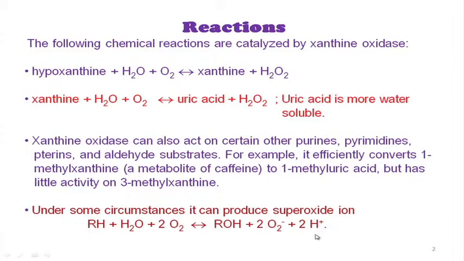So, under some condition where xanthine oxidase is not directly reacting on the xanthine molecule to straightaway produce xanthine from hypoxanthine or uric acid from xanthine, the hydroxylation reaction is still on, but the substrate is different. We can detect whether we are producing hydrogen peroxide or superoxide, because analytical techniques are available which can detect the production of hydrogen peroxide and the production of superoxide.